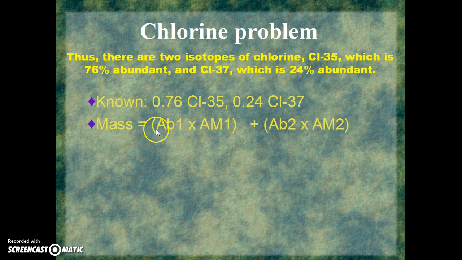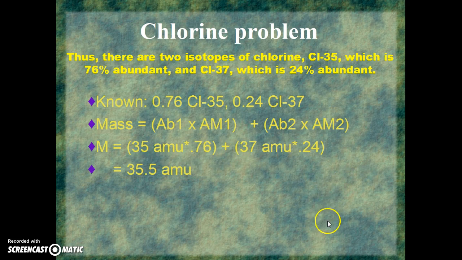We multiply the abundance of the 35 isotope by its mass, 35, and the abundance of the 37 isotope by its mass, 37. So 35 AMU times 0.76 plus 37 AMU times 0.24. When we do those two calculations and add them, we get 35.5 AMU.